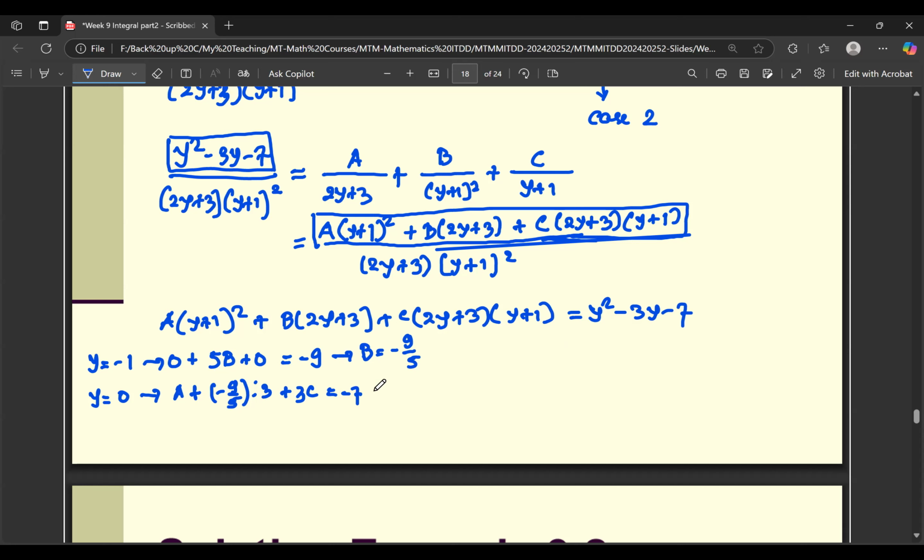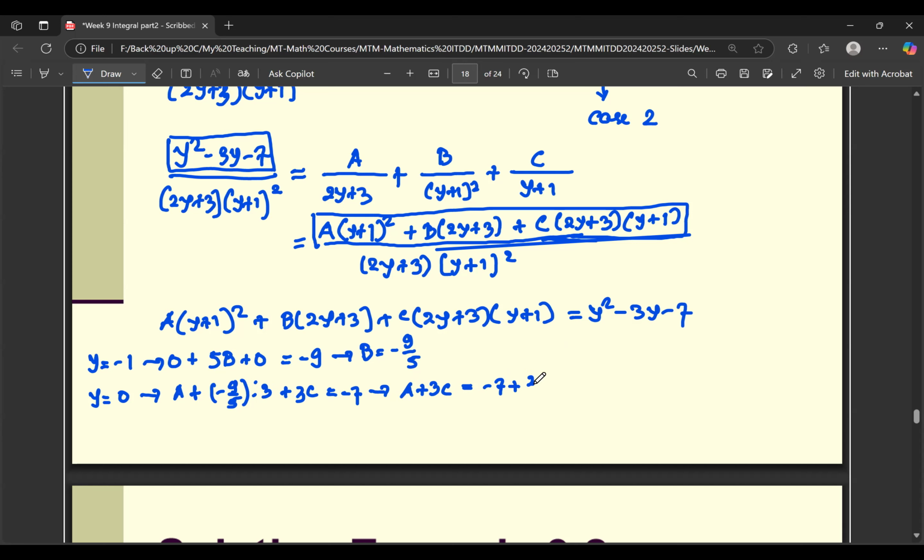So we will have 3C equals minus 7 plus 27 divided by 5.